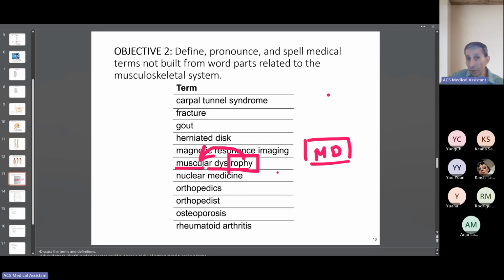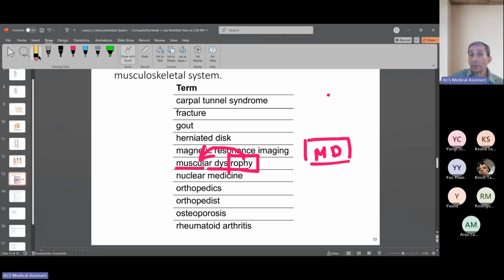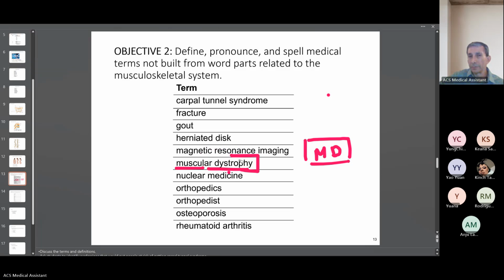Probably you're going to be in a wheelchair, because your muscles are very weak. So we don't divide these terms. We don't find what is the suffix, what is the prefix, what is the word root, and so forth. That will be muscular dystrophy.